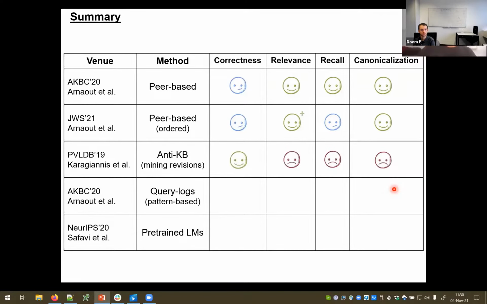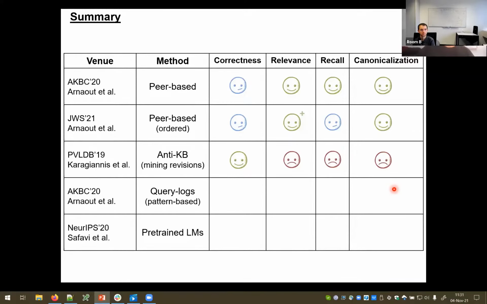For the anti-knowledge base, where they mine common factual mistakes from revisions, correctness is very high because you have your evidence and you're checking it on the web, so you're checking the hits. Relevance is an issue because, again, not every update is a factual error, and not every factual error is an interesting factual error.